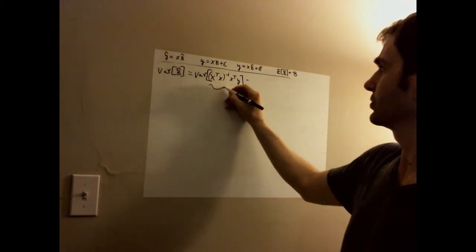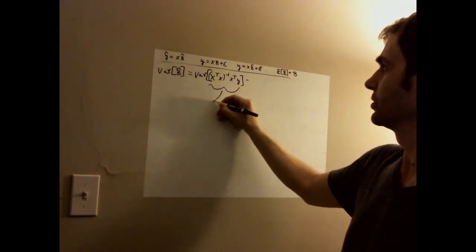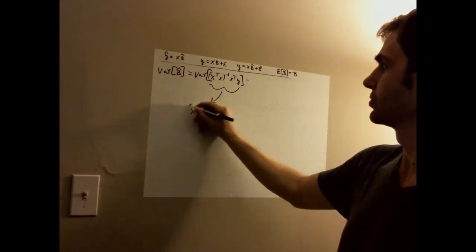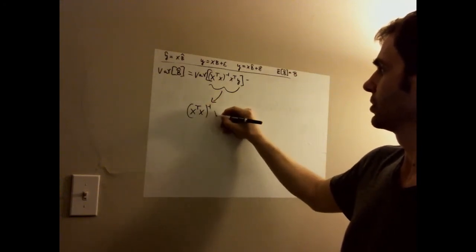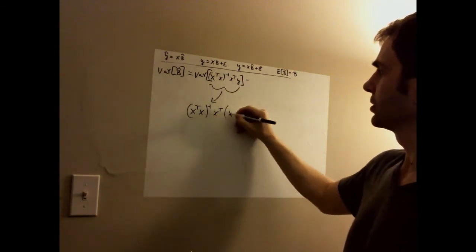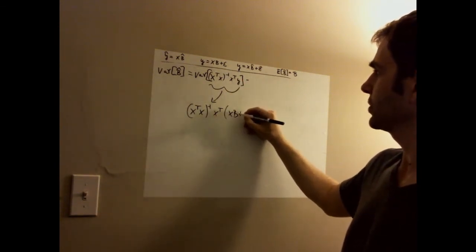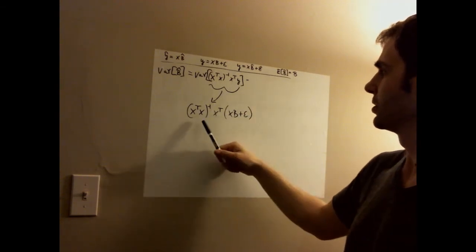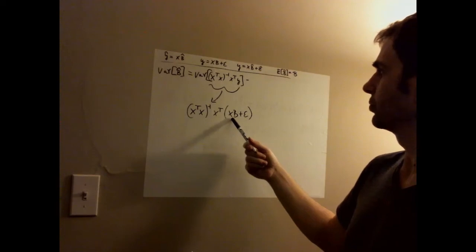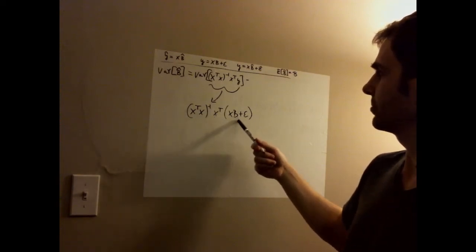Let's say this quantity is equal to (X transpose X) inverse X transpose, replacing y with X times beta plus error. We do this distribution here, which will cancel everything but that beta term.